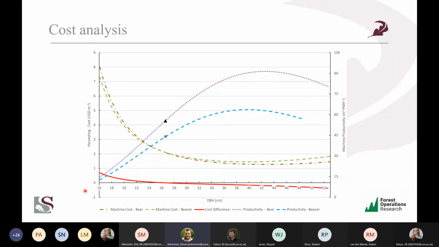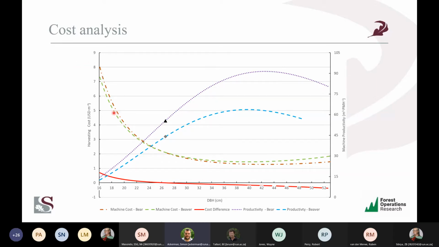Some cost analysis, looking at this graph, harvesting cost and tree size excludes the US dollar price there. This is a graph I'm putting into a publication, so converting it back to rands and then back to US dollars would have taken a little bit too much longer than I had. And on the other y-axis, we have machine productivity. We have the graphs that you've seen already, the 2 machines, the purple being the Bear and the Beaver, as well as 3 additional curves.